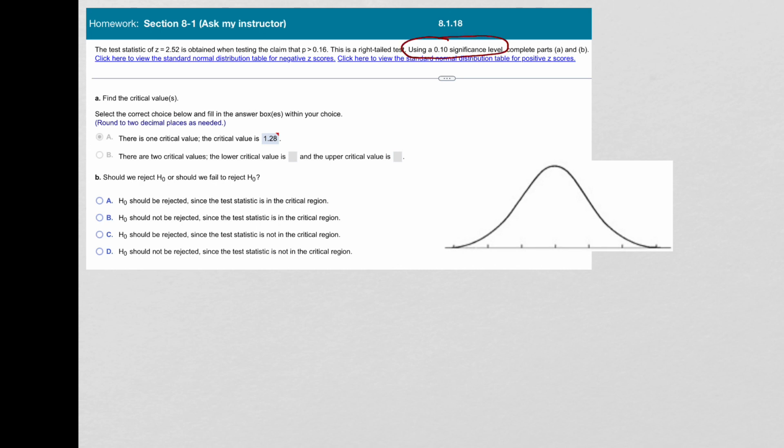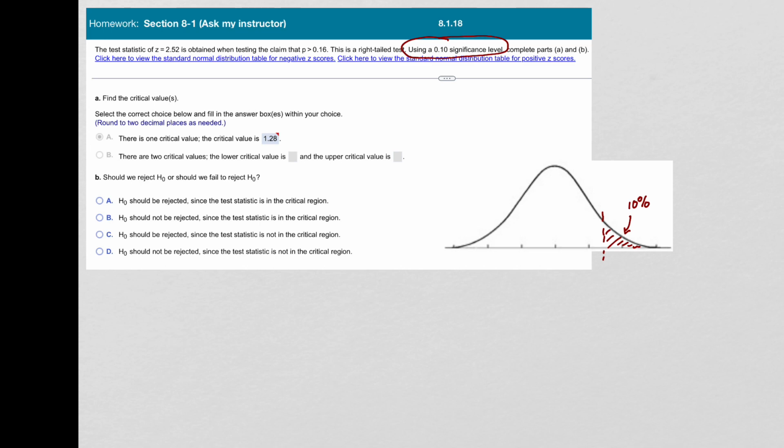And that means that my rejection region or critical region is going to be the upper 10% of my normal distribution because we have a right-tail test.